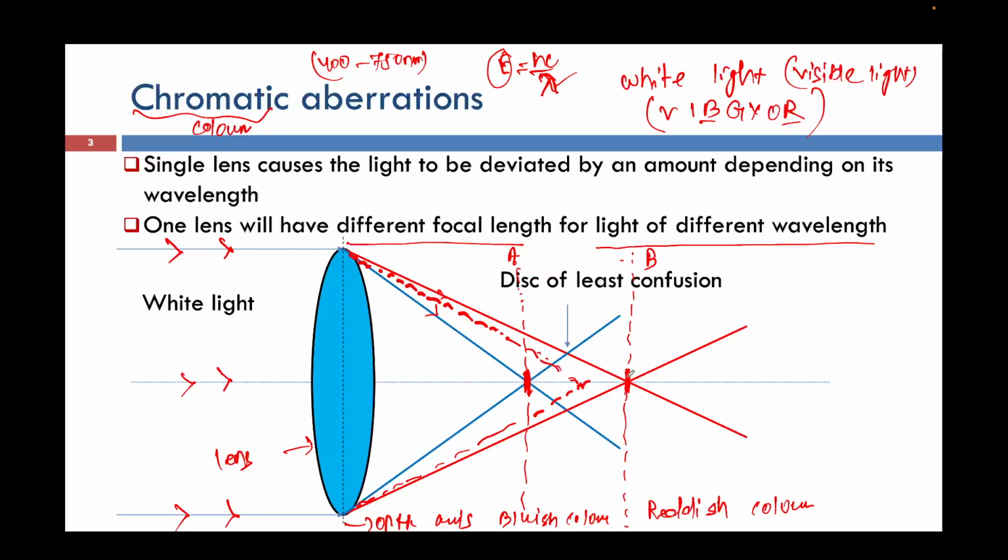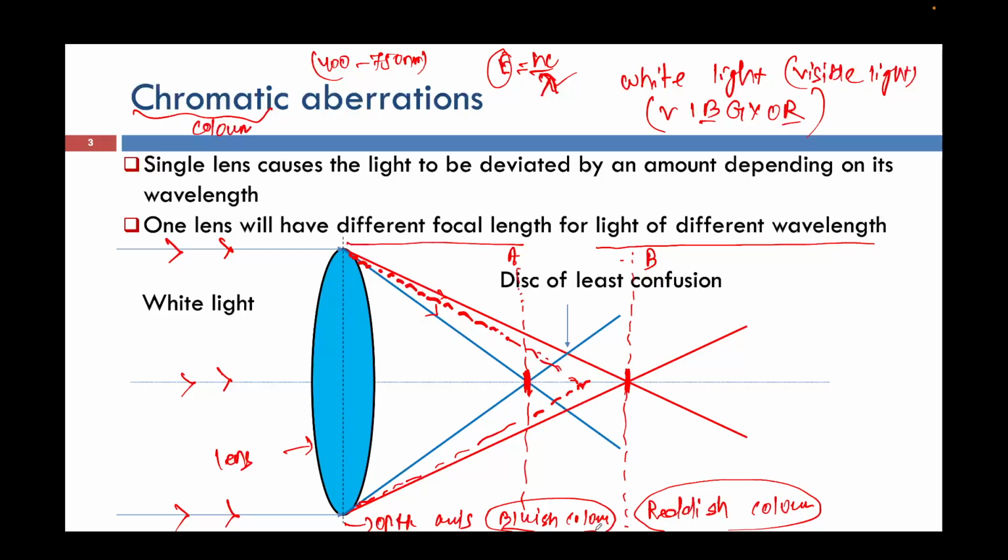So that is why, if I have to put a detector on an image plane, on which plane should I put it, so that with the combination of this reddish color and this bluish color, I want my image to have as minimum effect from this chromatic aberration?